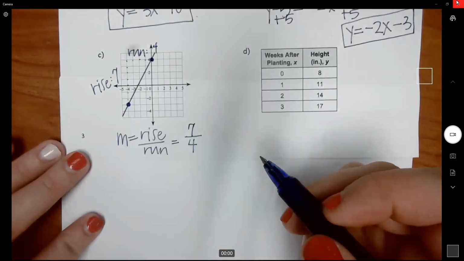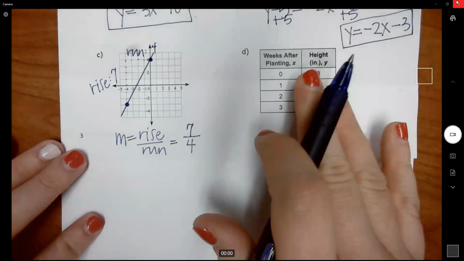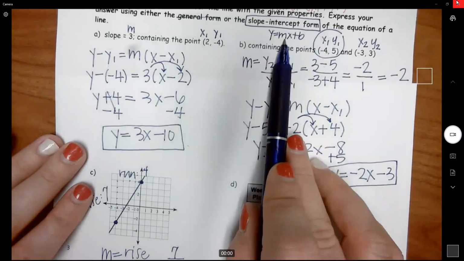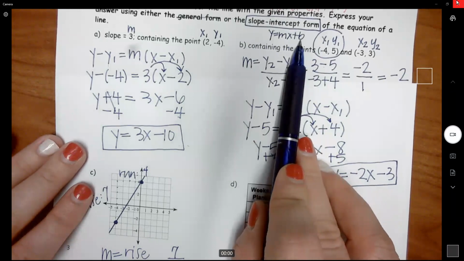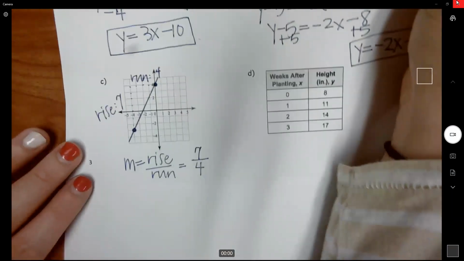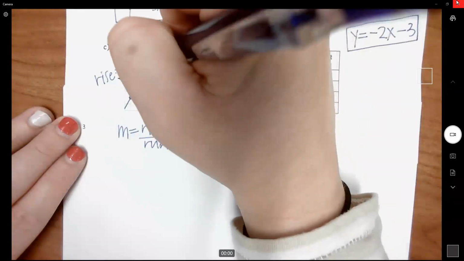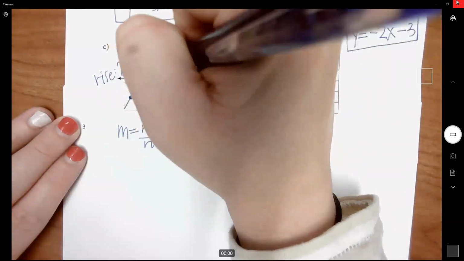The other thing I need to put this into slope intercept form: I have my m, I need my b, my y-intercept. Well, I have that when I look at my graph right here. This is my y-intercept.